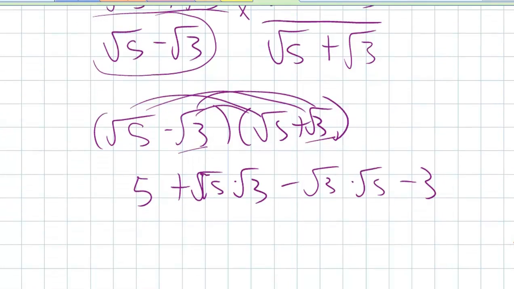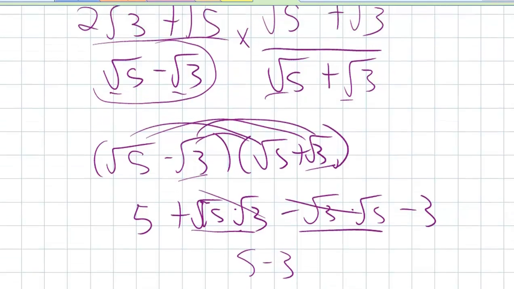You'll notice that this and this are essentially the same thing, and we're subtracting one of them from the other, so they cancel. We're just left with 5 minus 3. So now we've gotten rid of the problem of the square roots on the bottom, on the denominator.